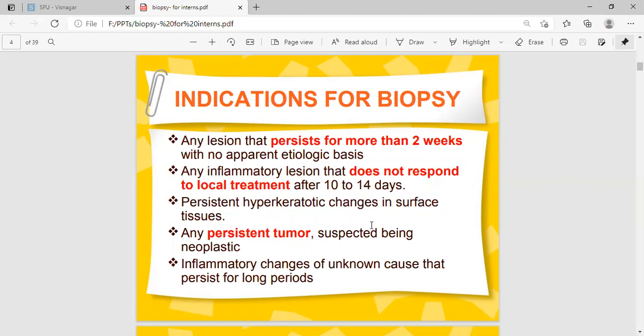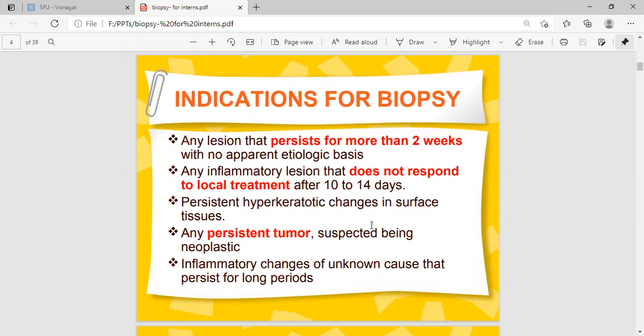So these are the indications for the biopsy. Any lesion that persists more than 2 weeks with no apparent etiological basis. If any oral lesion is there, and the patient says, yes, since the last 1 week I have this lesion, you don't have to go for that. But if it is more than 2 weeks, you must advise that the lesion or swelling, whatever it is, should go for biopsy.